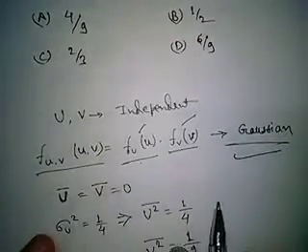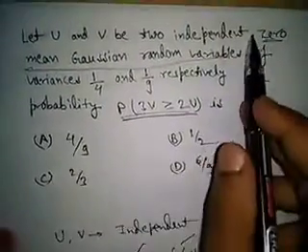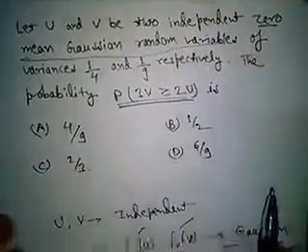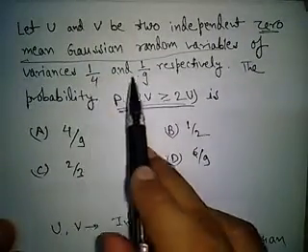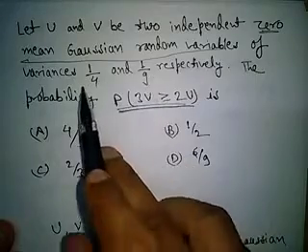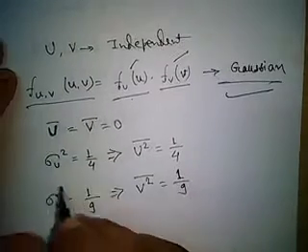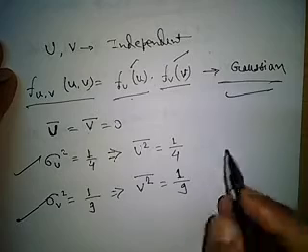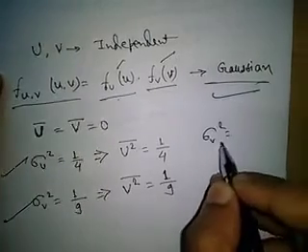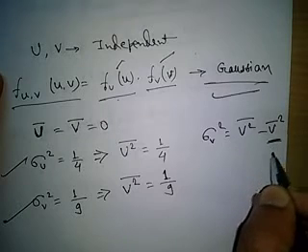Now come to the point that the mean is given here, a zero mean Gaussian random variable. So mean of U will be of course 0, mean of V equals 0, and the variances are given: sigma U square equals 1 by 4, sigma V square equals 1 by 9. The same I have written here. And of course V square mean will be 1 by 9, because sigma V square is V square mean minus V mean whole square, and this term is 0.